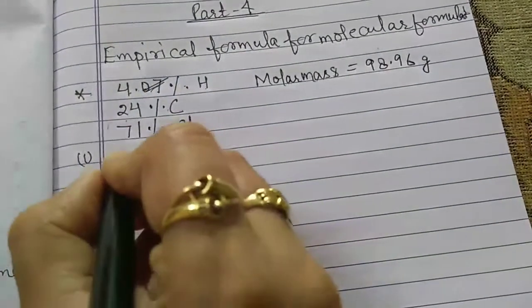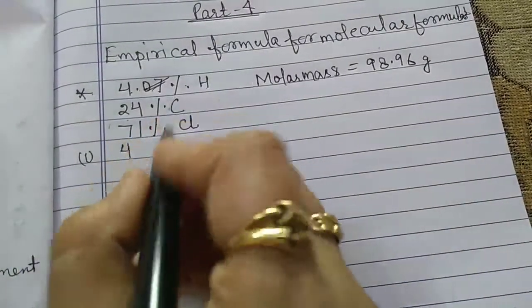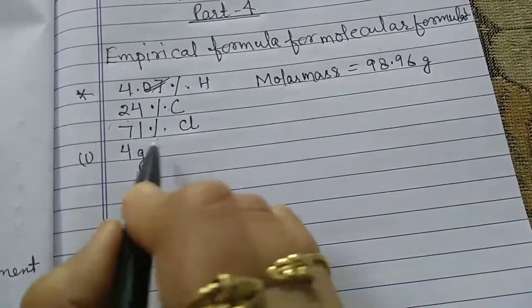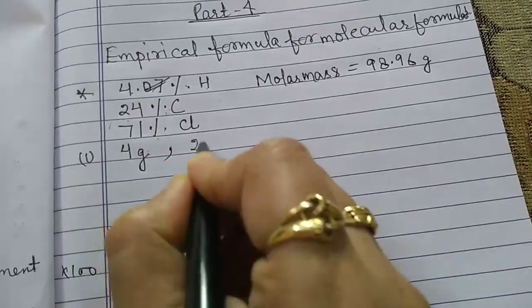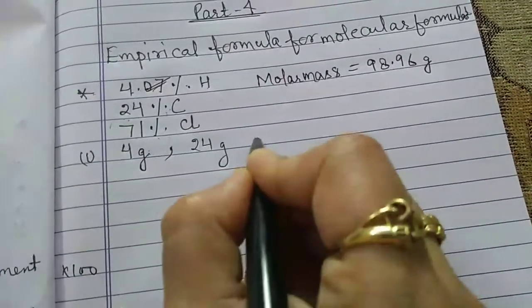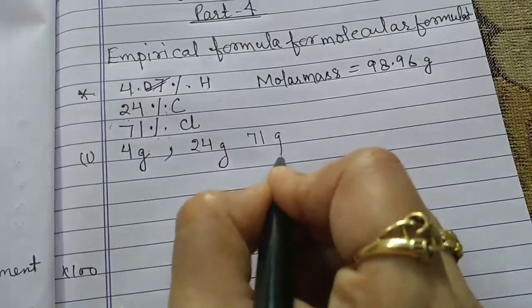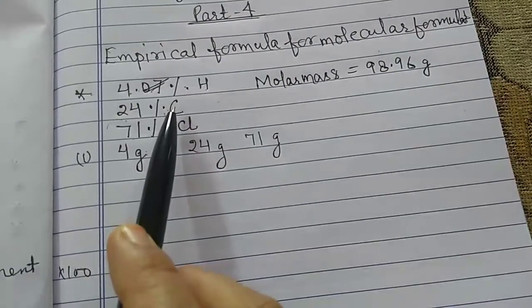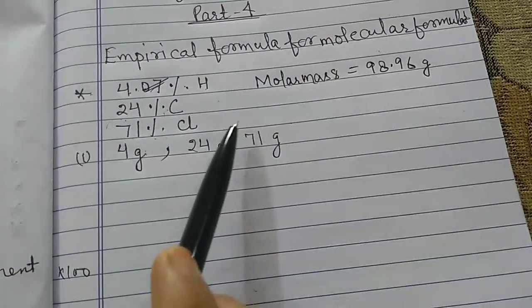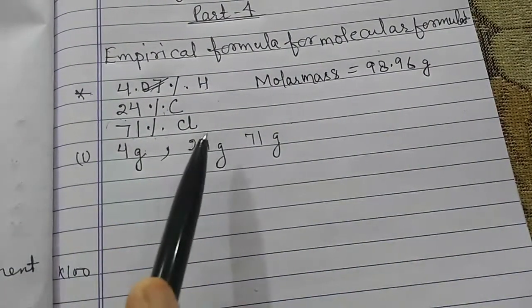In place of percentage, just use gram. So hydrogen is 4 gram, carbon is 24 gram and chlorine is 71 gram. Now we have converted all the percentage units into gram. So this is the first step.